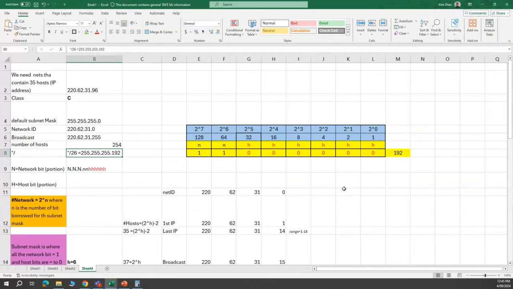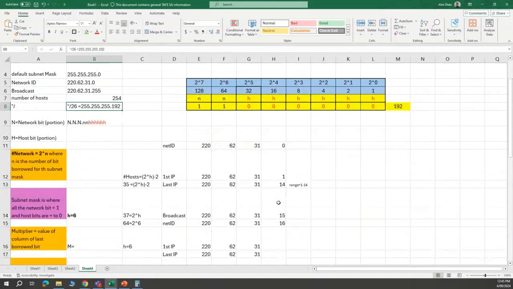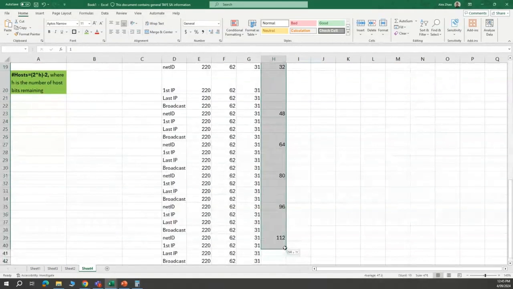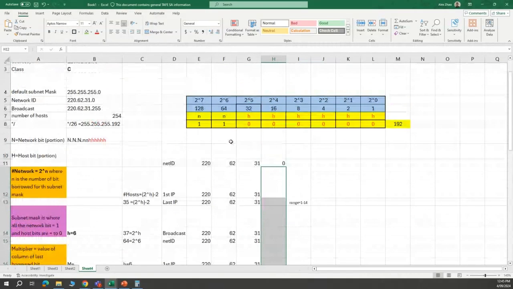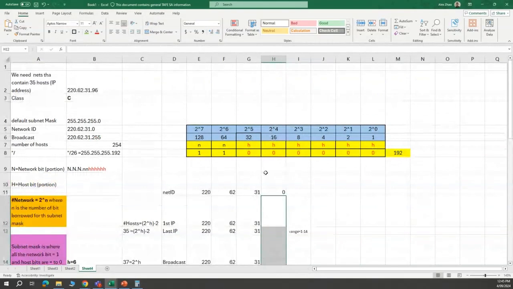All right, so now let's do the generation of the network. So again, we've got that network ID that we started off with, which is here. But the next network ID, let's just delete all of this stuff. The next network ID is where the multiplier, oh, we haven't worked out the multiplier, have we?